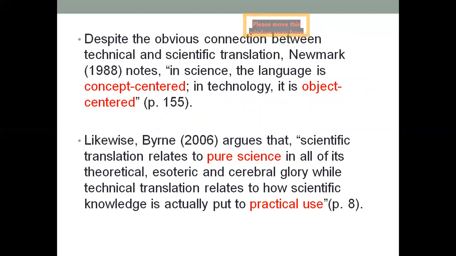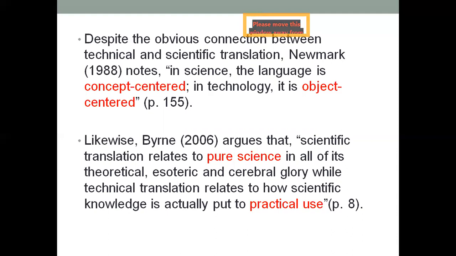Actually, the main difference between scientific translation and technical translation is that the language of scientific translation is concept centered, while technical translation is object centered. What is meant by concept centered and what is meant by object centered?